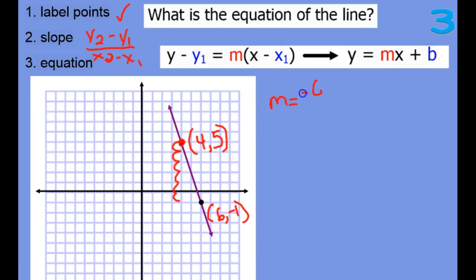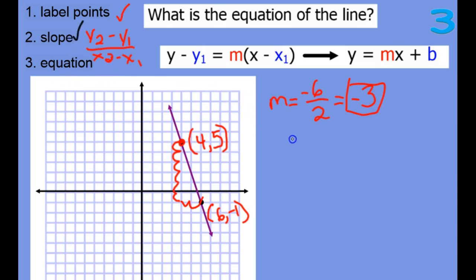So our m is negative 6 over our run, which is 1, 2. Negative 6 over 2 simplified can be written as negative 3. So our slope is negative 3. Alright, we found our slope.